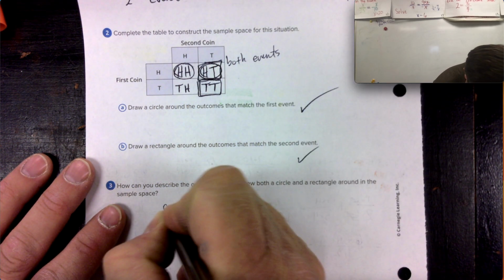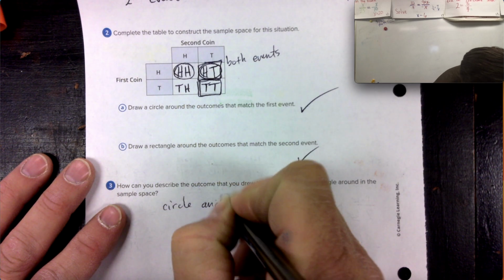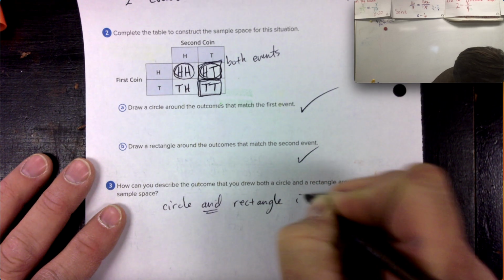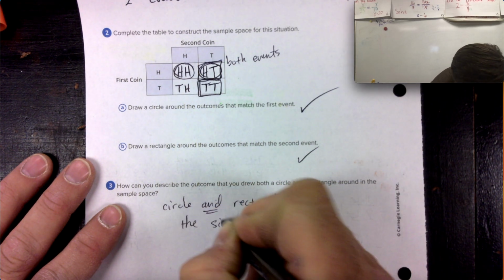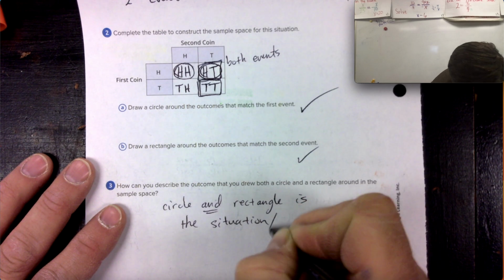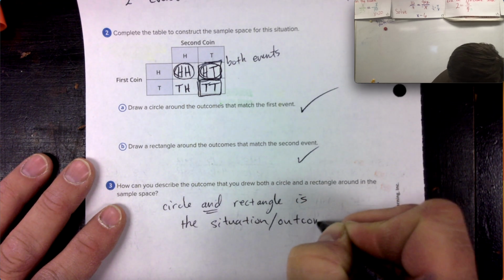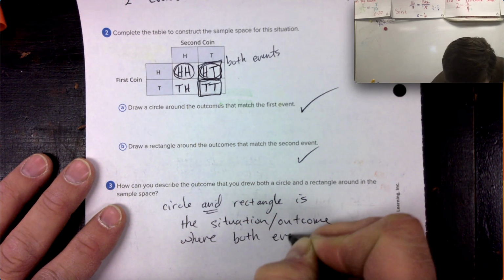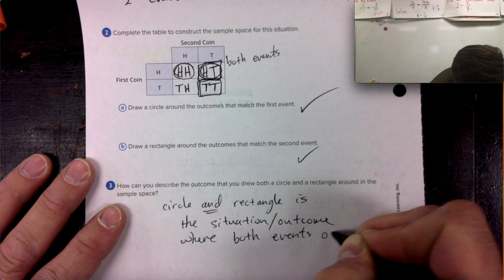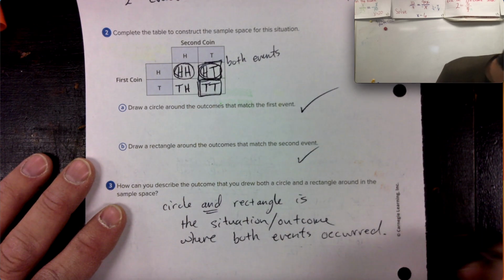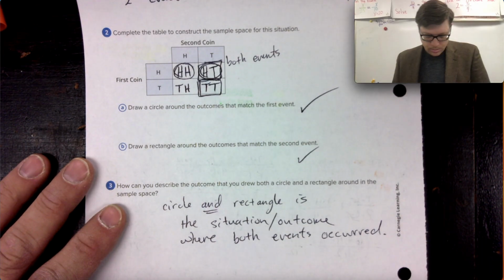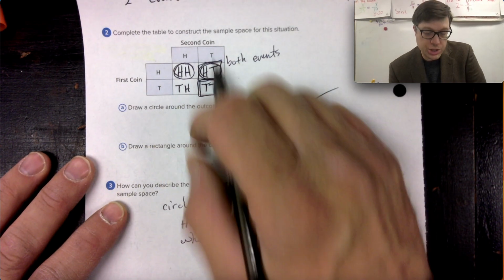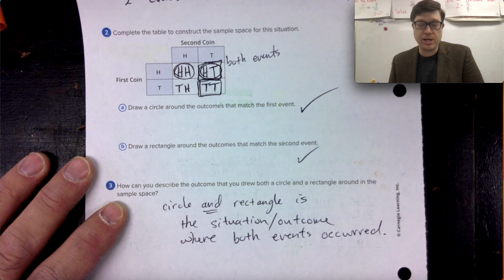So circle and rectangle is the situation or outcome where both events occurred. There's still only 3 possible situations or results from the sample space that fit this bill.